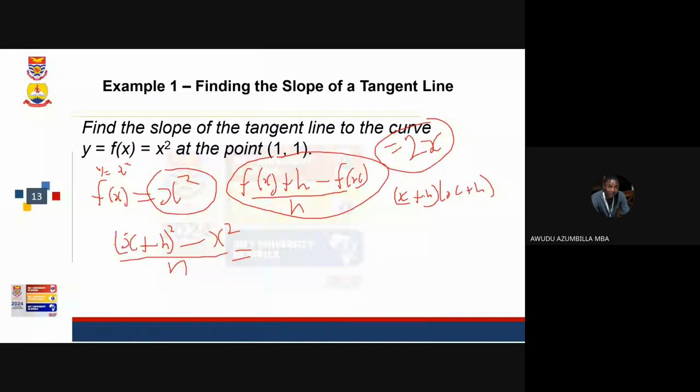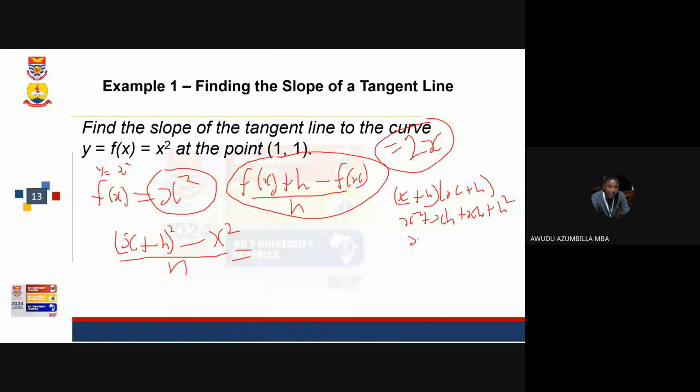You are going to get x squared plus xh plus xh again plus what? H squared. We are just expanding it. We are multiplying this one by this one by this. You multiply this one by this one by this again. This is what we are going to get.